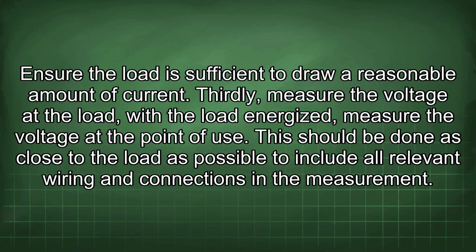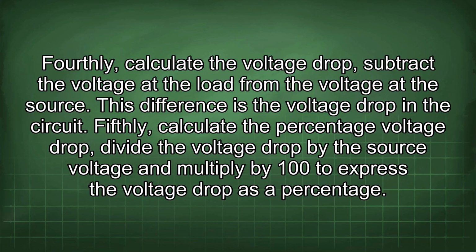Thirdly, measure the voltage at the load. With the load energized, measure the voltage at the point of use. This should be done as close to the load as possible to include all relevant wiring and connections in the measurement. Fourthly, calculate the voltage drop. Subtract the voltage at the load from the voltage at the source. This difference is the voltage drop in the circuit.